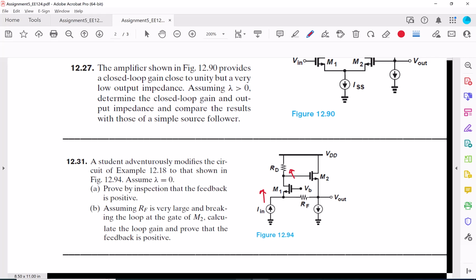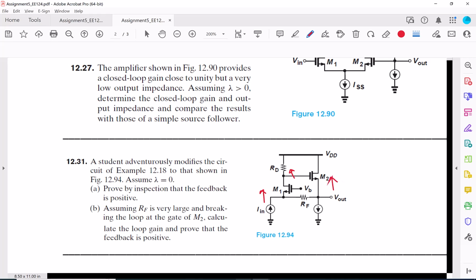Because this is common gate, is that okay? The gain of common gate is positive. I apply this I into the source. When I apply the current into the source, I increase its potential. It's just like V in increasing, and then the output will increase, right? And then which node will have an effect? The V out will go up.